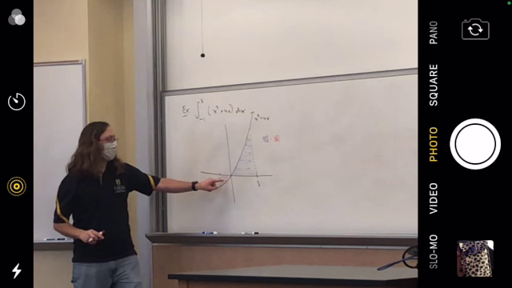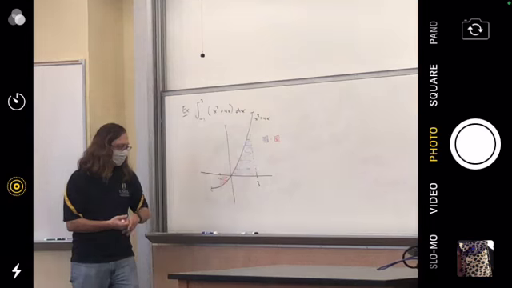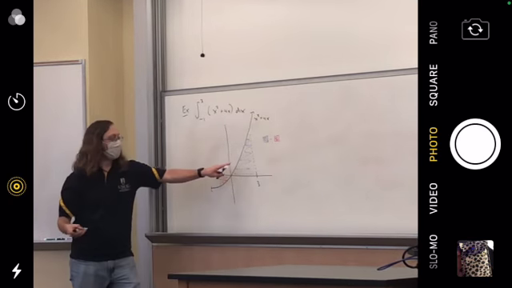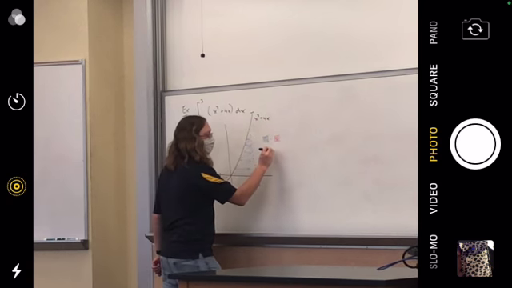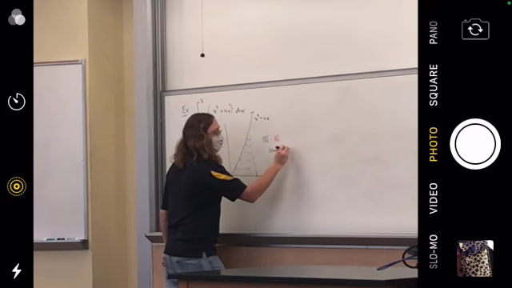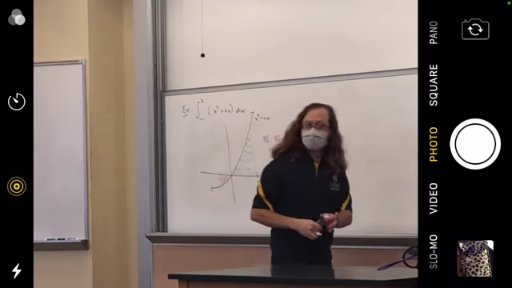Whatever this area is, subtract it from this area. Do I think that's going to be positive or negative? Yeah, this region looks bigger than this region. So I expect this to be positive. All right.